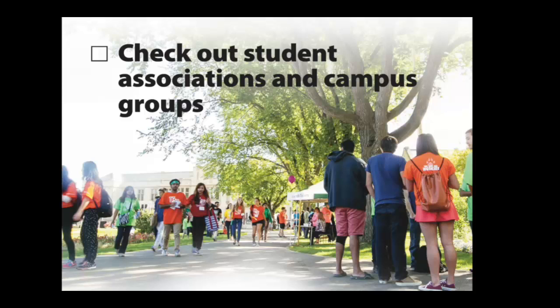The easiest way to find what's out there is to check the University of Saskatchewan Students' Union list of ratified campus groups, or search on social media. If you can't find what you're looking for and want to start your own, the USSU provides funding for students wanting to start their own club.